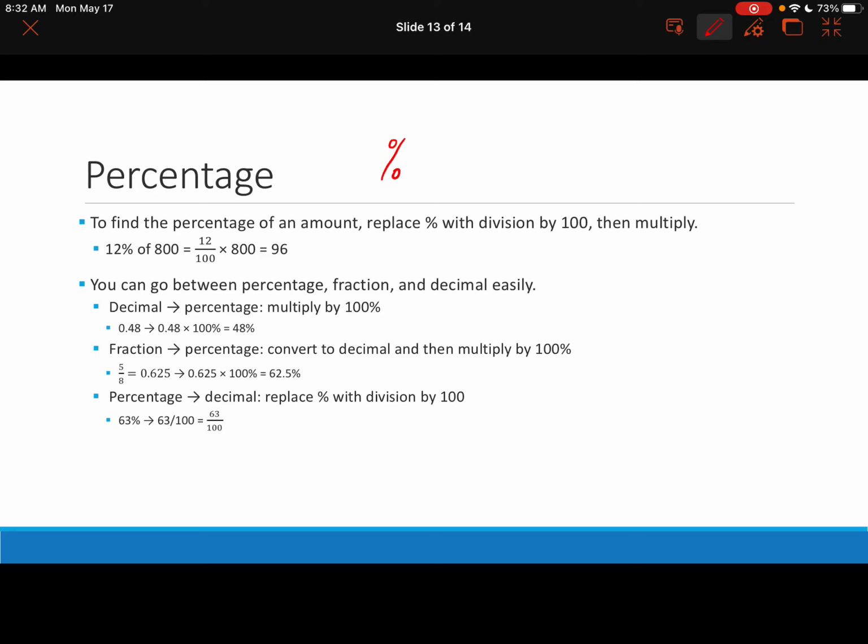If you want to have a percentage, you simply multiply by 100%. For example, if you have 0.12, this is a decimal. If you want to go to a percentage, you simply multiply by 100%. And 0.12 times 100 gives you 12. So 12, and then you just keep the percent symbol. It's 12%.